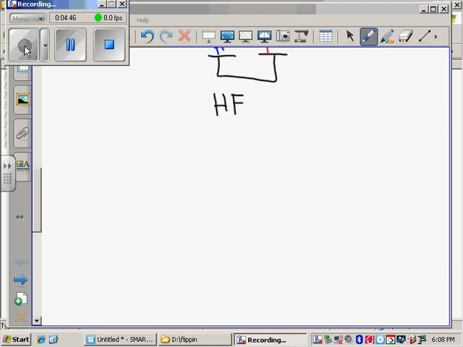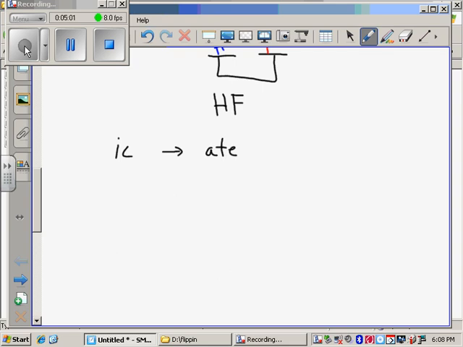If you're having trouble, I'd suggest you go back and watch the other video on naming acids, the one that changes from the formula into the name. And remember that if it has the ending ic, that means it came from ate. Something you ate made you ick. And if it has the ous ending, that means it came from an anion that had an ending of ite. That'll help you.